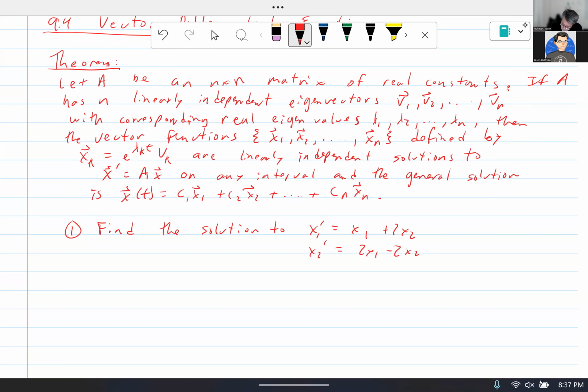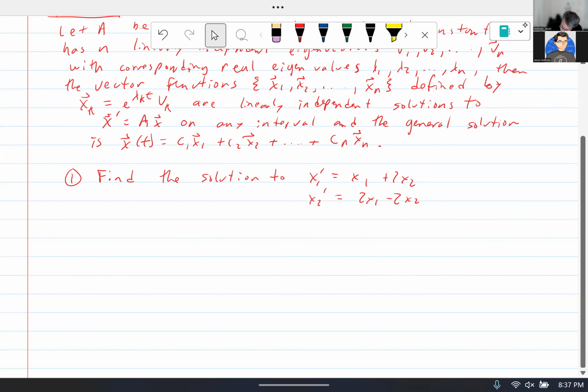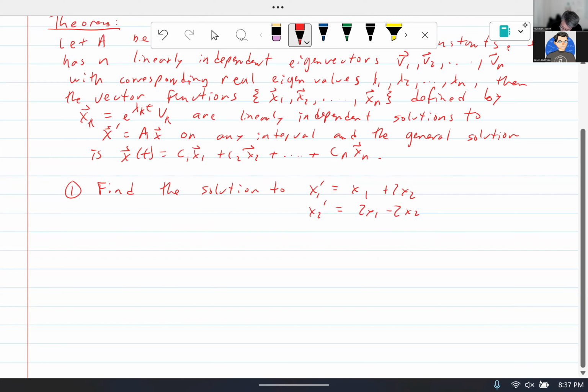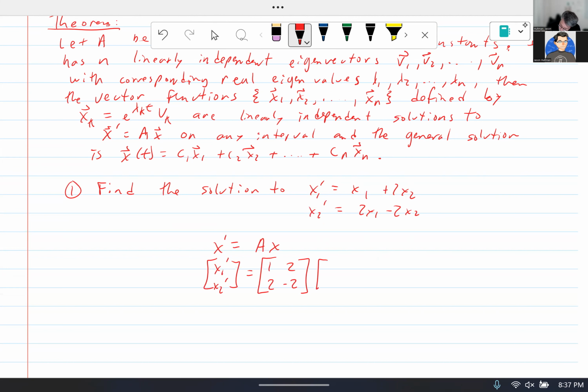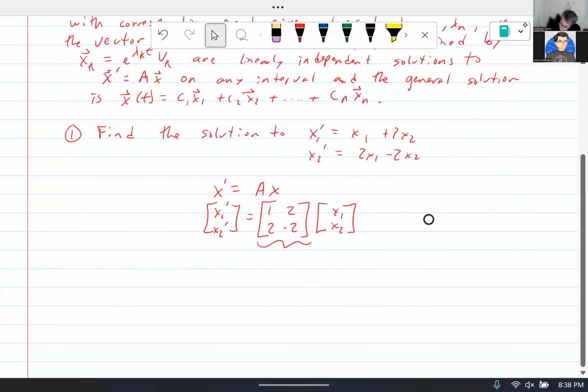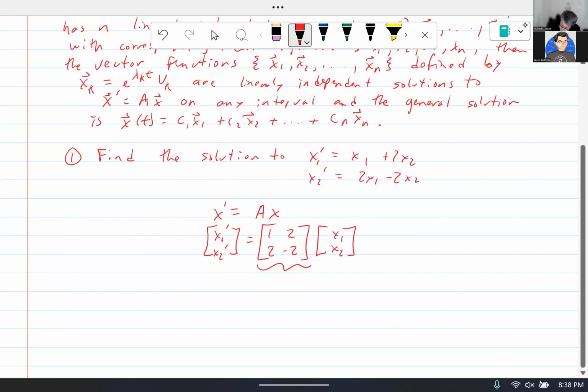Okay, so I can rewrite this as x prime equals Ax, such that x1 prime, x2 prime is equal to 1, 2, this is my coefficient matrix, 2, negative 2 times x1, x2. Once again, this implies that 1, 2, 2, negative 2 is my coefficient matrix A.